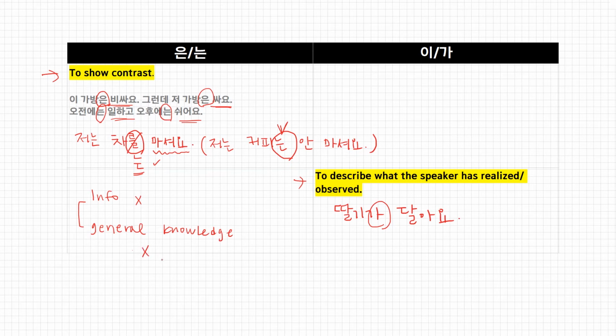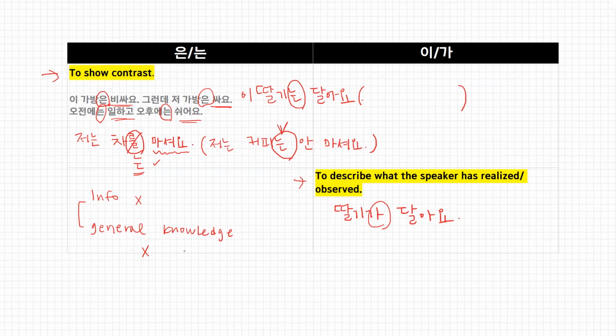So here you wouldn't say 딸기는 맛있어요. But if you want to show some contrast, you can use 은는 here. 이 딸기는 달아요. Then the seller would be very curious about what you're gonna say. Probably, this strawberry is sweet, but the one that I bought last time was not so sweet.